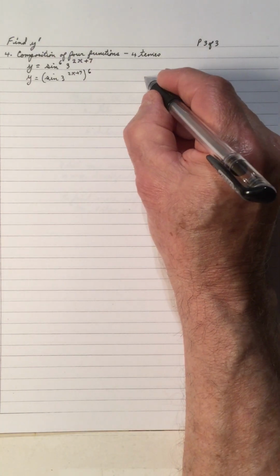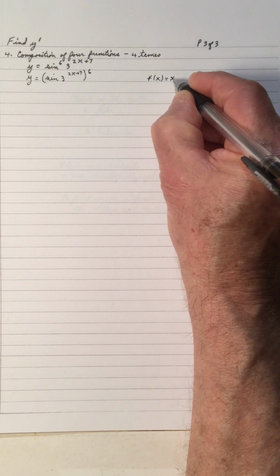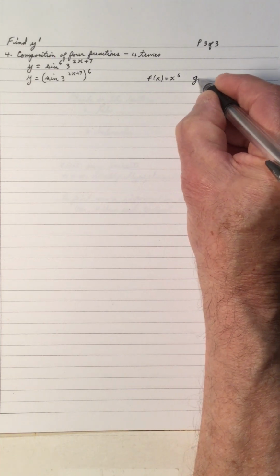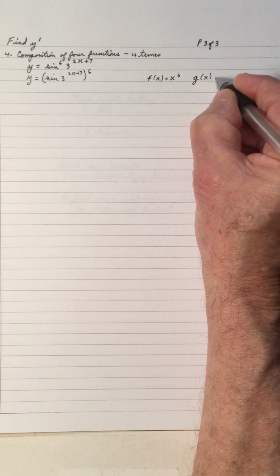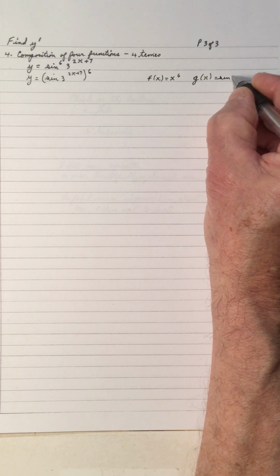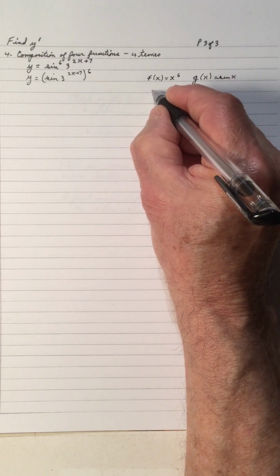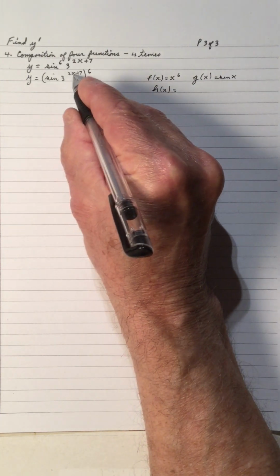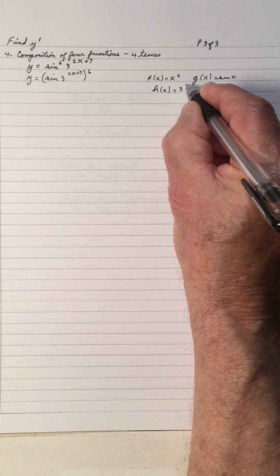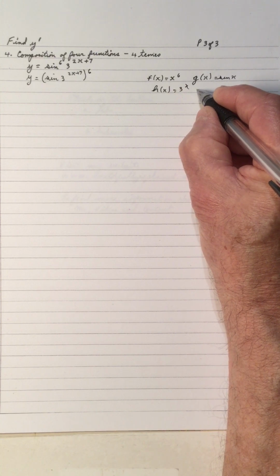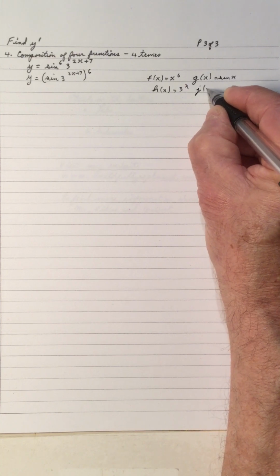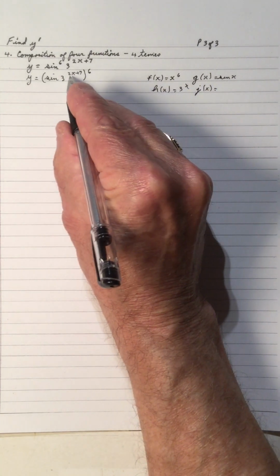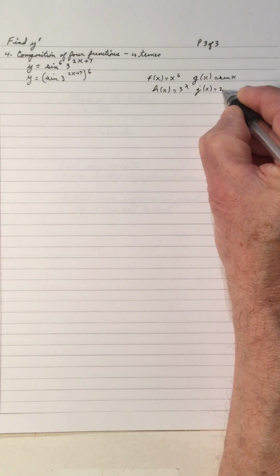So this function is f of x is x to the 6th. The g of x, same as before, is sine x. But this time we have the h of x is, notice we have 3 raised to this power, so that's 3 to the x. And we have, say, the j of x is 2x plus 7.